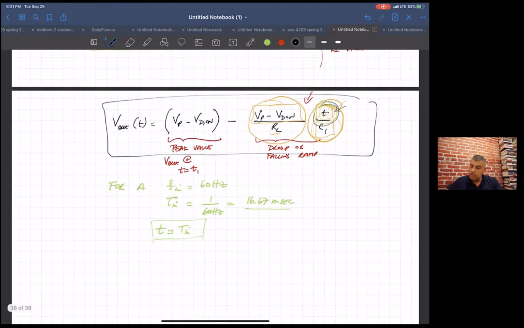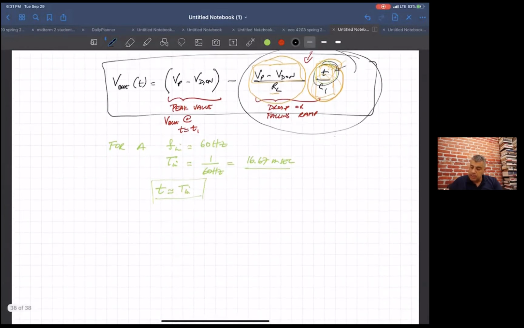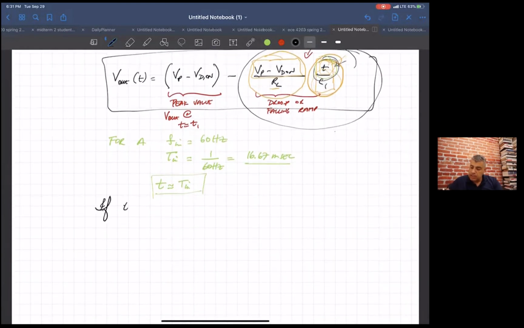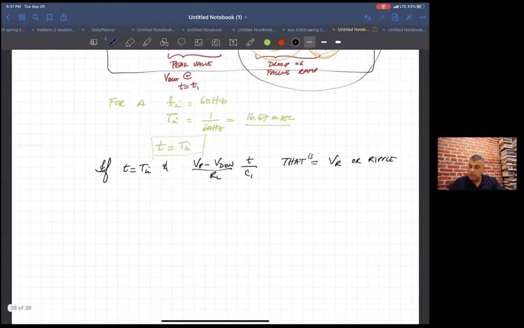Okay, so if we plug this in here and just look at this component, if t is equal to Tn, and we look at Vp minus V_D on, over R_L, t over C1, that's equal to VR, or ripple. Did you guys follow me there?